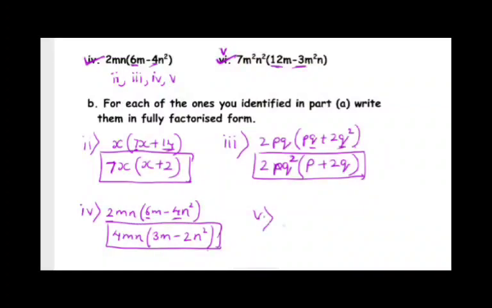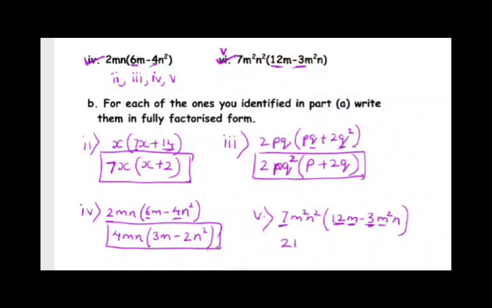Next one, it says 7m square n square, 12m minus 3m square n. So here, first of all, over here we have 3 in common, so 7 into 3 becomes 21.